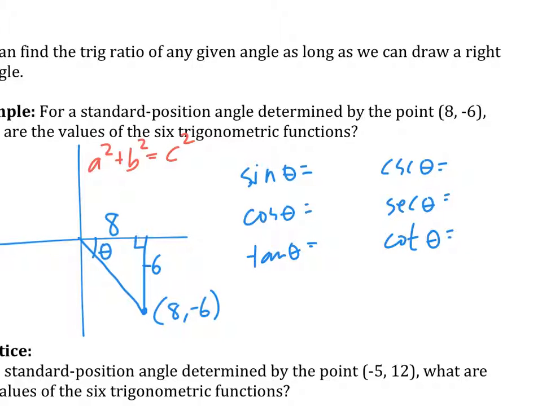Or do you have this memorized? It's a very special right triangle. 10. It's the 3, 4, 5 triangle, but doubled. 3, 4, 5 is a special right triangle. You have to just memorize that. Opposite over hypotenuse, and then you just go ahead and find all the other ratios.